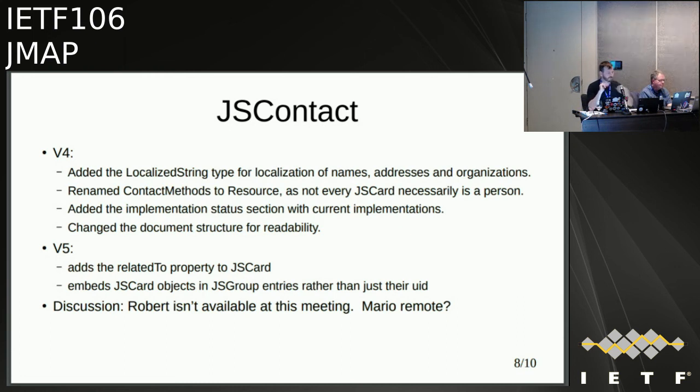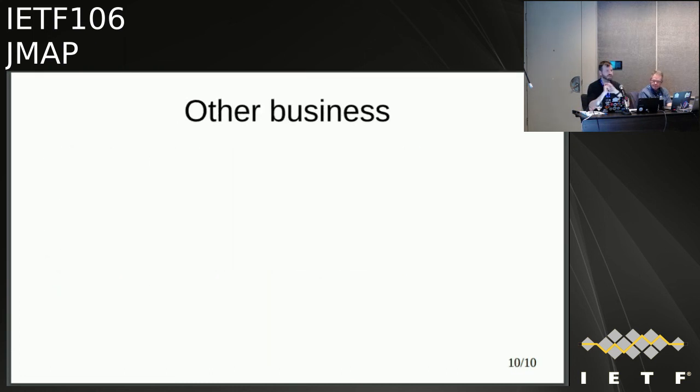Cool. And with that, we are at other business. Is there anything else? No, we have plenty of work to get on with. I'd love to certainly see some more interop with the JMAP calendars, but I expect that will mostly be happening through CalConnect.